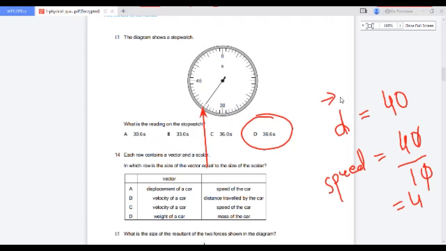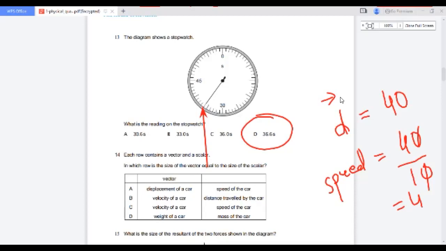Now you can see both are not equal in size. One is 40 and the other one is only 4. Similarly, velocity of the car and distance traveled by the car. Velocity is displacement over time, so it wouldn't be equal to the distance of the car.